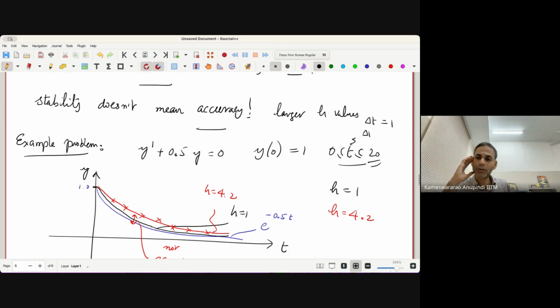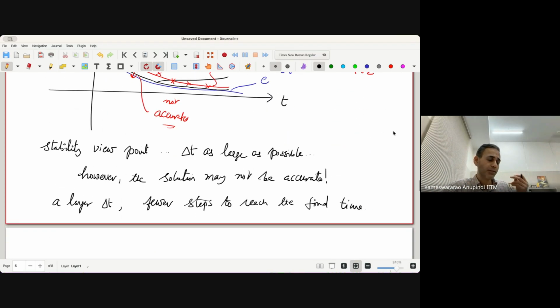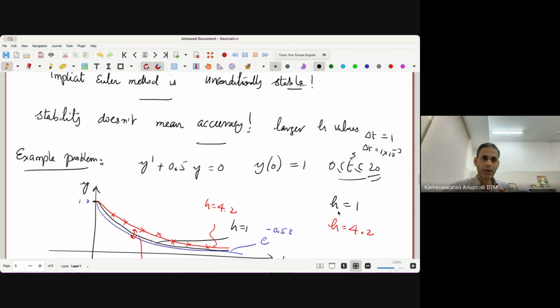But if I take delta t equals 1e minus 3 or something, then I would need 20,000 steps to go to the final time, which is computationally more expensive, okay? That means from the stability point of view, we try to take as large a delta t as possible. However, we are restricted by the accuracy limits, okay? So when we want a solution to be accurate, we cannot take a very large delta t. That is the idea that we get from the implicit Euler method, okay?